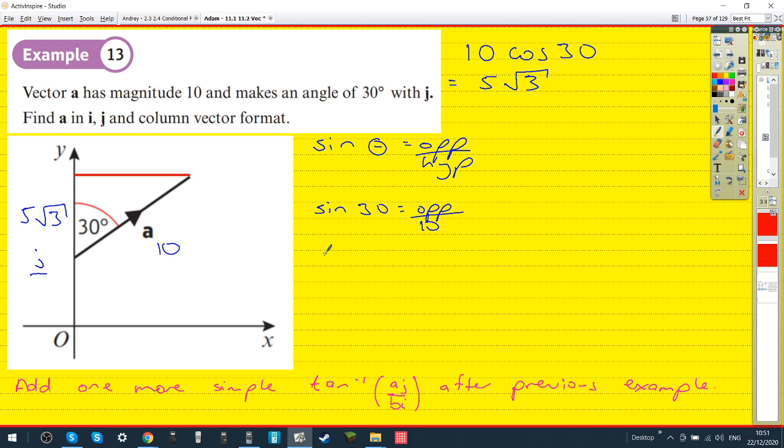And then would you divide by 10 on both sides? It's already divided by 10. What's the opposite of divide by 10? Oh, times by 10. Yep.